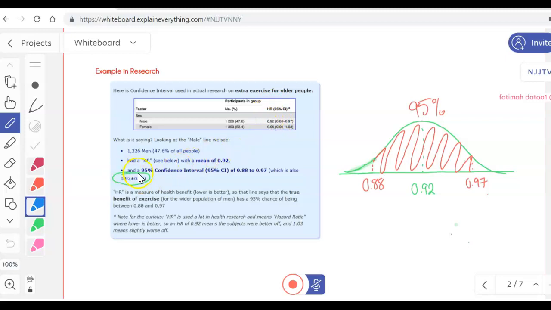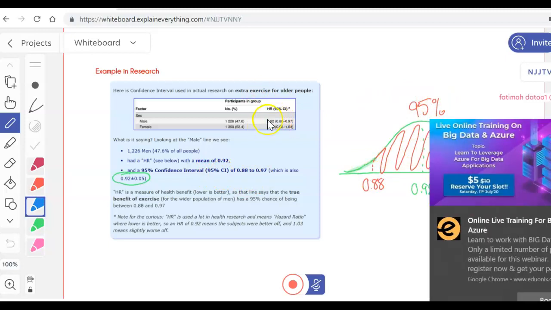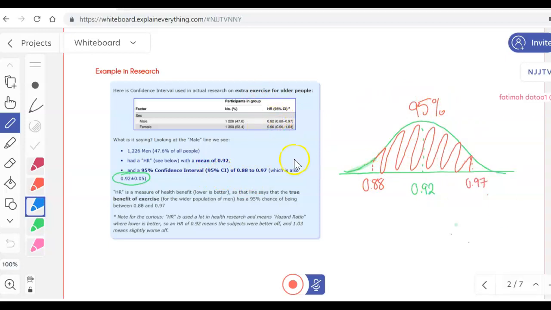What's interesting here is that the researchers said they are 95% confident that their number will stay in this range, 0.92. So 0.92 was the average. The ratio for this was 0.92.